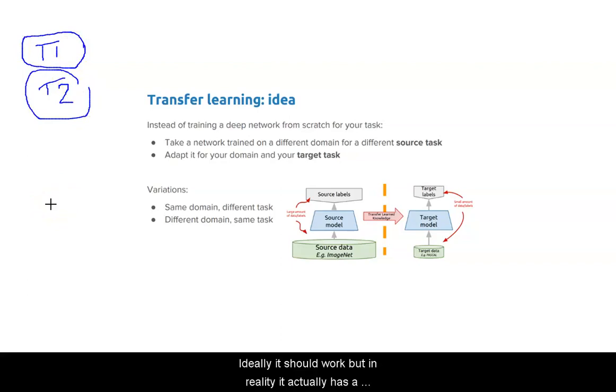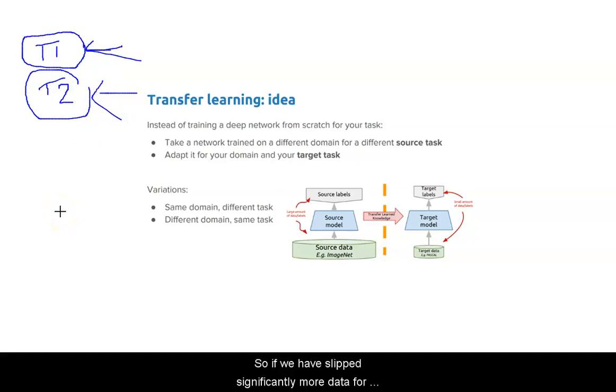Ideally, it should work, but in reality, it actually has a performance degradation when we try to fit our model for T1 to do this task for T2. Now, this is where the concept of transfer learning will come into play and will enable us to utilize the knowledge from our previously learned task, which is, of course, T1, and apply it to our newer related task, which is T2.